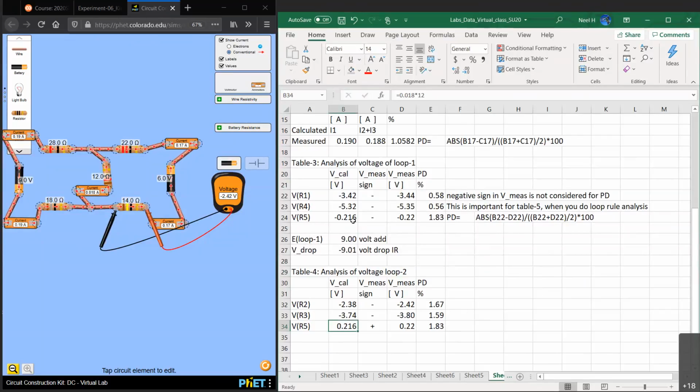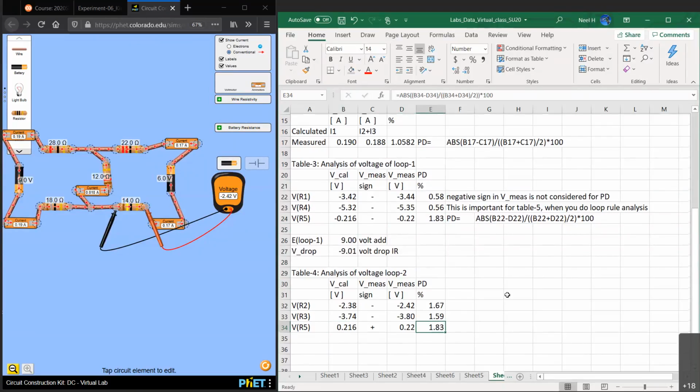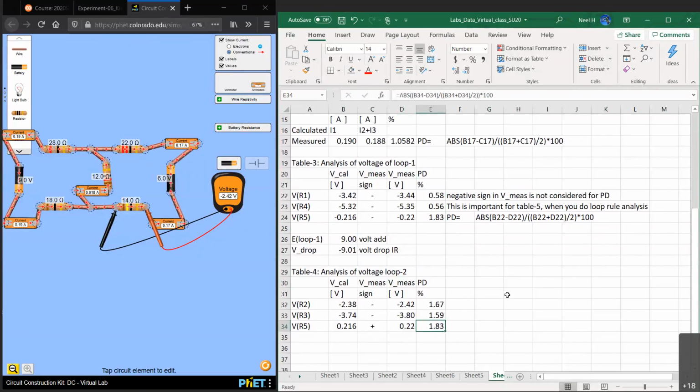For this measured voltage, I keep the 2.216 because if I rounded it to 0.22, you would automatically get 0% error. In a physics lab, what we really like to see is how much error is happening in any of the measurements. That's difficult to do with the virtual setup. You will not get percentage errors because it's a perfect result.